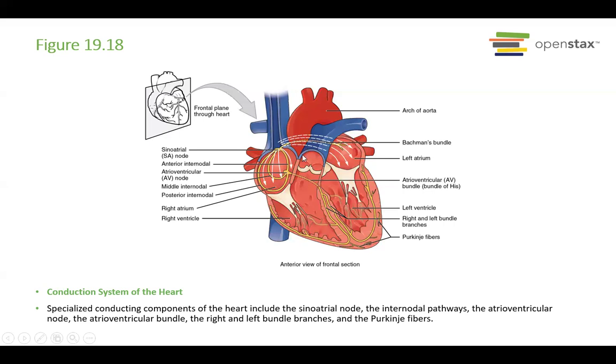Those are action potentials going from the sinoatrial node into the right atrium and the left atrium. Then after the sinoatrial node fires, you have your atrioventricular node, and they continue firing and cause the depolarization of the ventricles, which means the contraction of the ventricles.